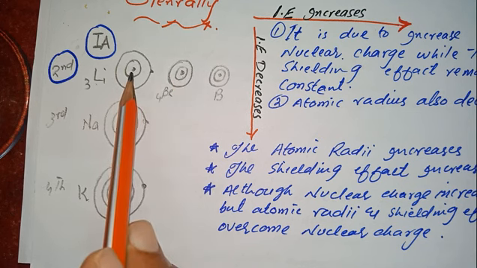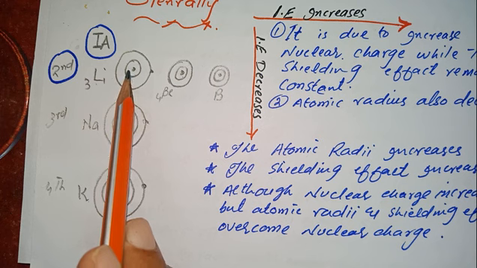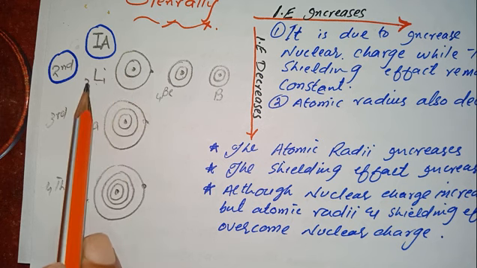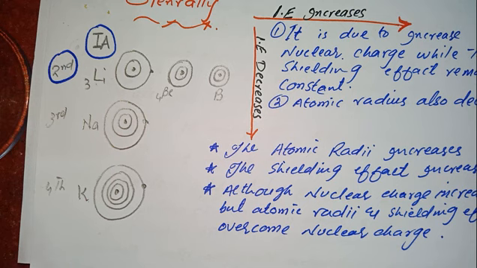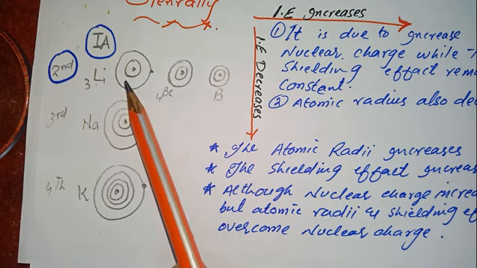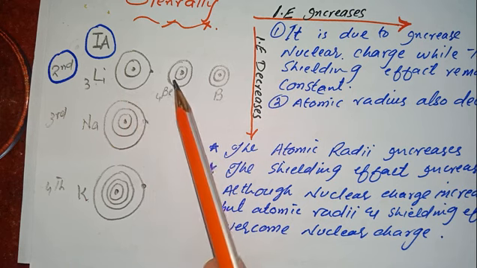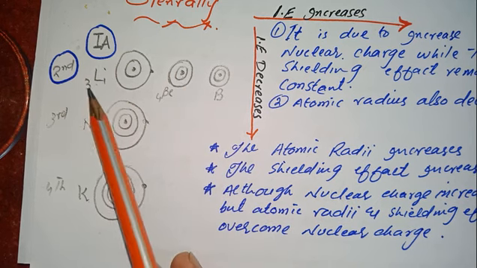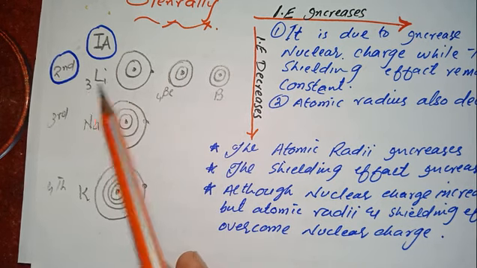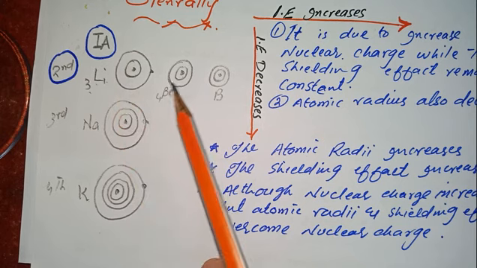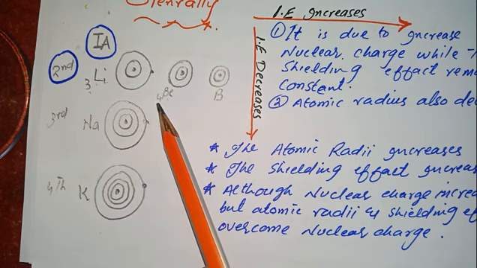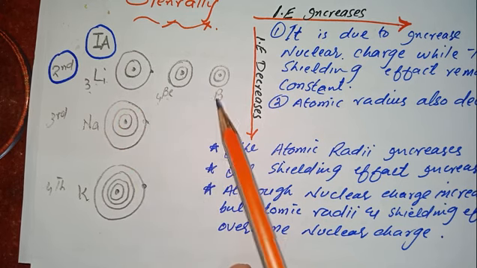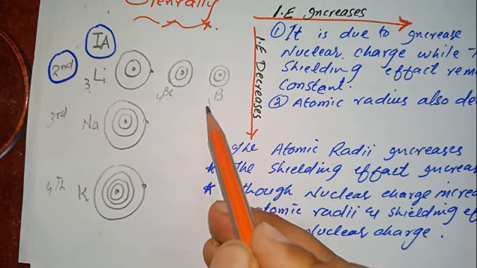Now the nuclear attractive force will affect the ionization energy. So from left to right, number one, nuclear charge goes on increasing. Look at this. The atomic number of lithium is 3, it has 3 protons. That of beryllium is 4, it has 4 protons. And boron has 5 protons.